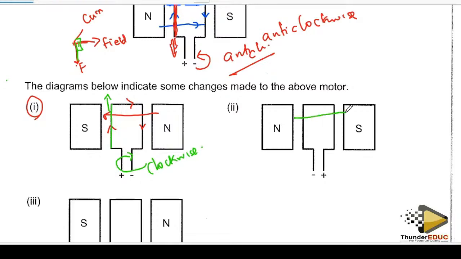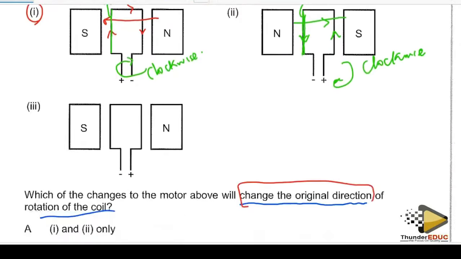Option number 2: the field is to the right, current is moving in that sort of direction. With my Fleming's left-hand rule, let me just look at this portion. Current is moving in this direction, and so this one is moving upwards also, which means it's clockwise. Let's look at option number 3.